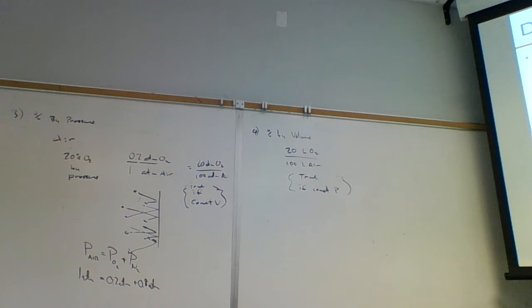We'll do nitrogen left. And then 20% of the molecules in here will be oxygen, which will be blue. Now there are 2 ways we could visualize this mixture.